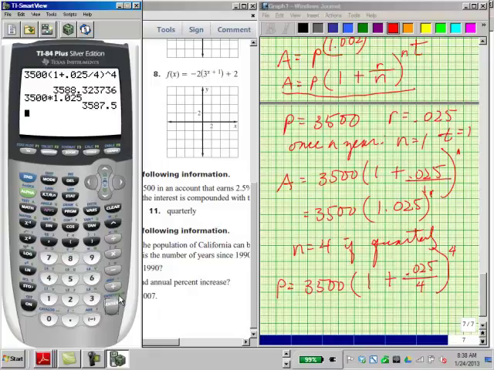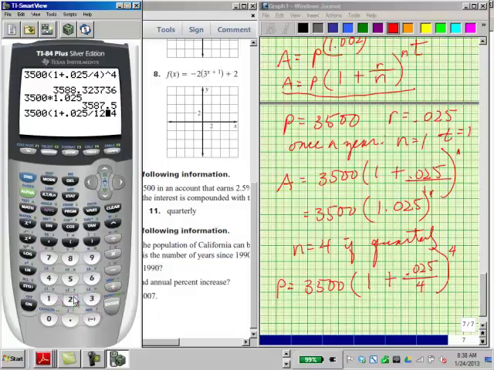Okay? All right. Now, suppose we did it 12 times a year. Maybe that'll be better. Think we'll get more money? Think it'll be a lot more money if we do it 12 times a year? What do you think? Okay, a little bit is right. So let's do a second and enter, and second and enter, and let's change this to a 12.